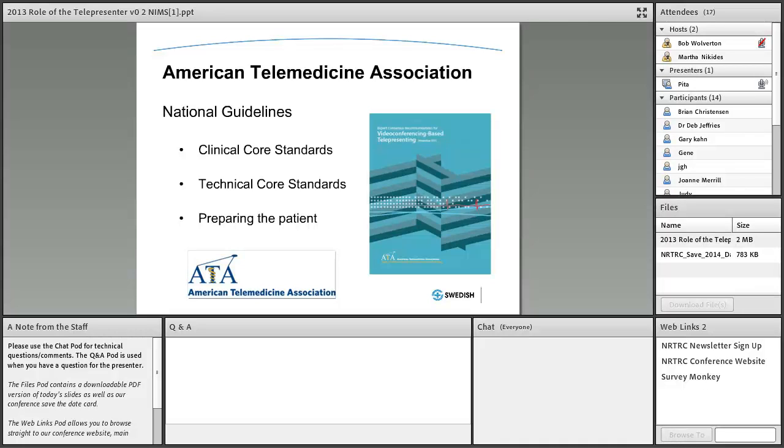I will tell you, though, that the guidelines are somewhat ambiguous, and after having gone to the American Telemedicine Association conference, as well as speaking to others around the country, they were kept ambiguous for a reason, and that was so that there weren't too many constraints around who can act in this role based on resources in your communities. You know, the reality is that I live in a large urban area that has a lot of resources available to me.